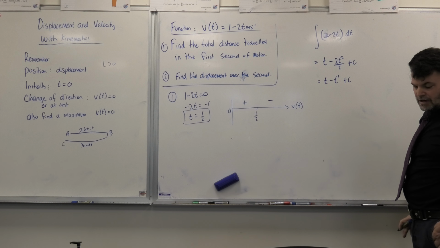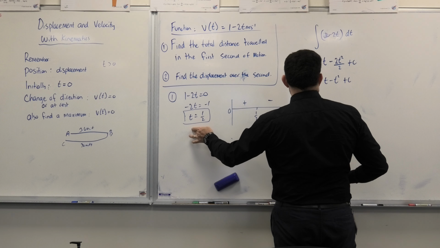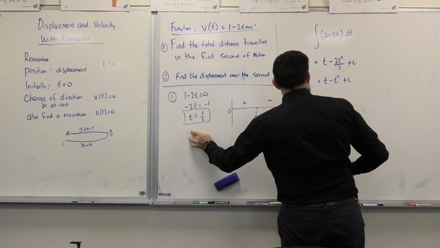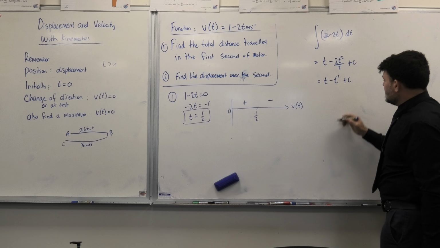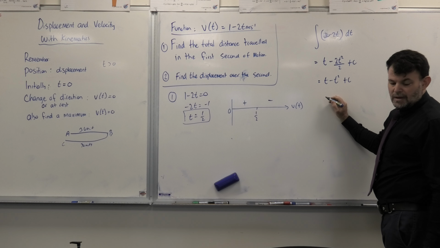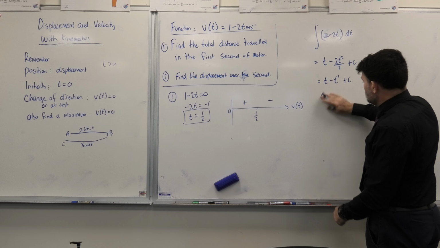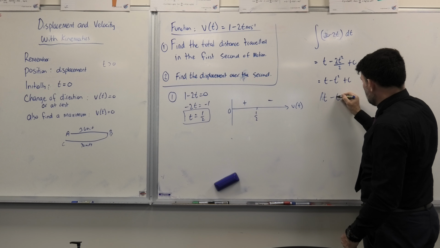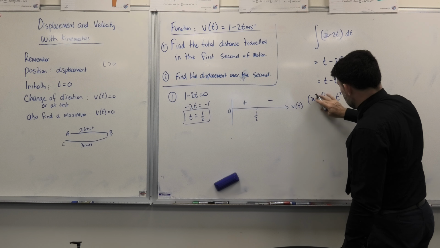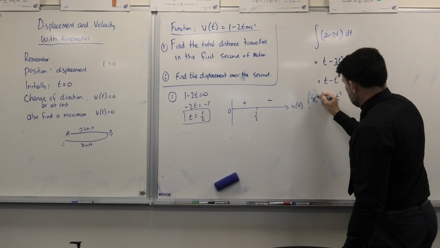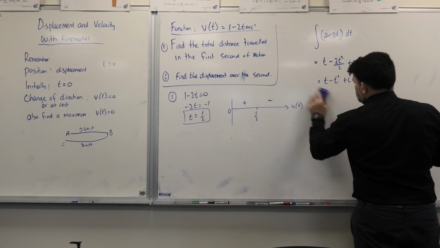However, looking at this function, we know that initially t is 0, so therefore c is equal to 0. And if c is equal to 0, then we don't have any other value. So this becomes our function, t minus t squared. So that's what x of t is going to be. Let's tidy that up, it's a bit messy.